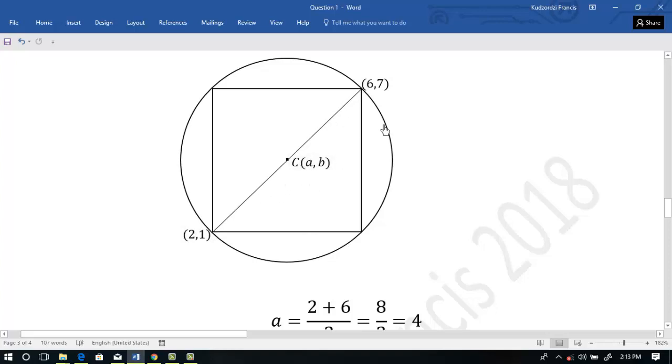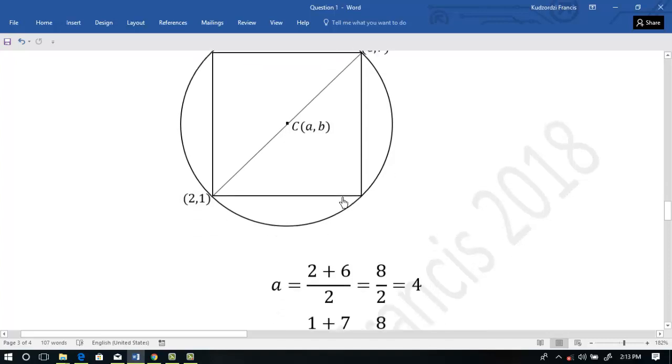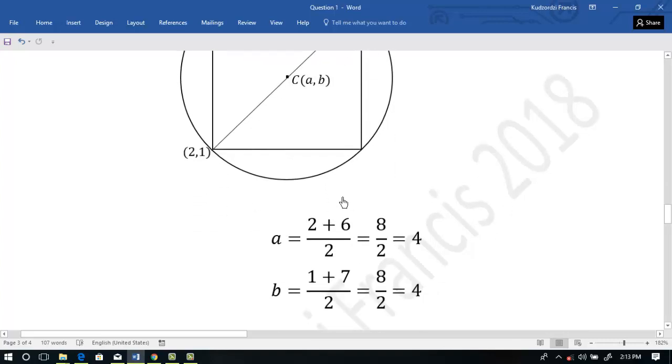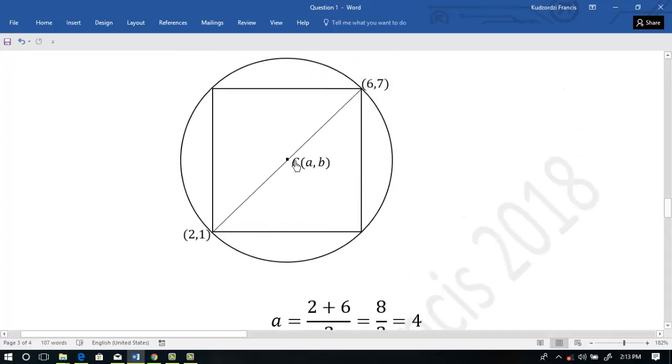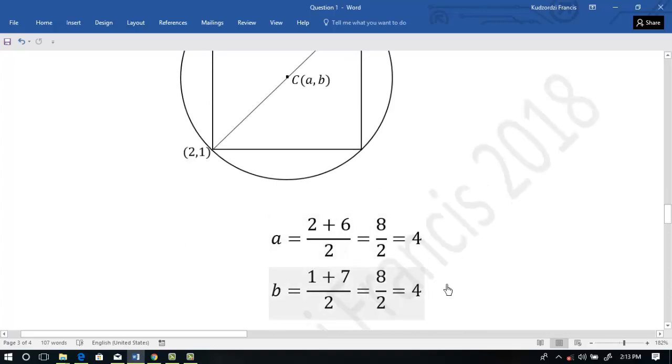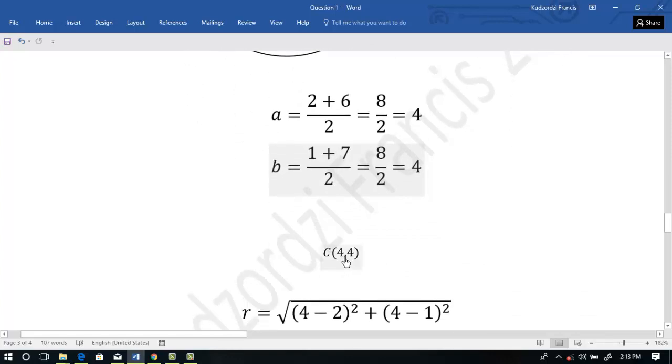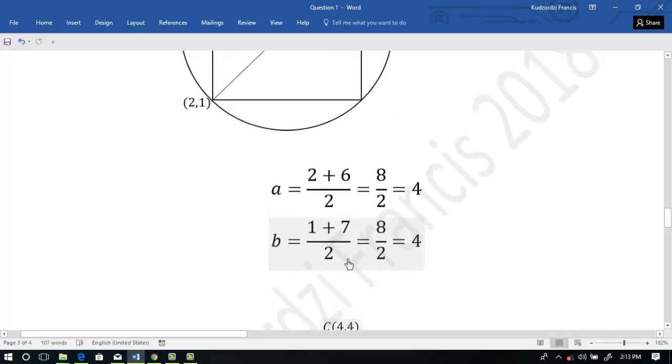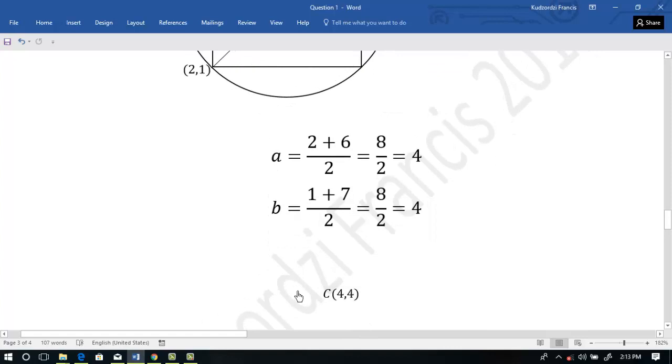To find A, we add 6 and 2 divided by 2, and we should get A. The same thing applies to B, using the midpoint theorem: 1 plus 7 divided by 2 will give us the coordinates of the center. So our center now is 4, 4.